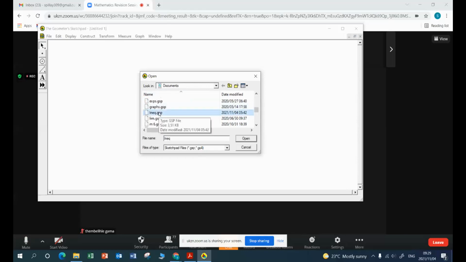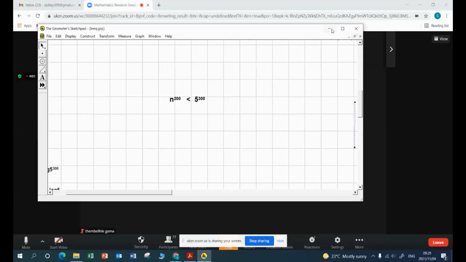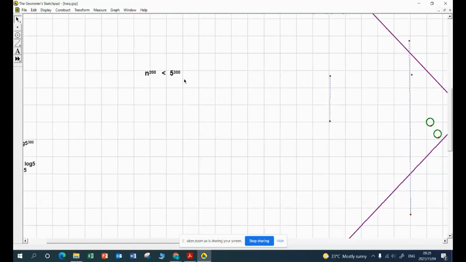The question was: solve this, which Brandon did quite well. Solve it using logs. n to the power 200 is less than 5 to the power 300.